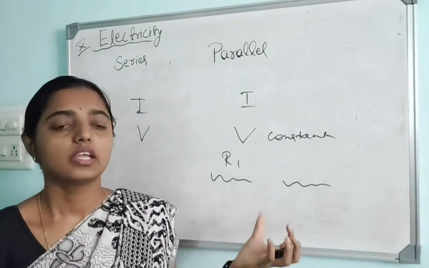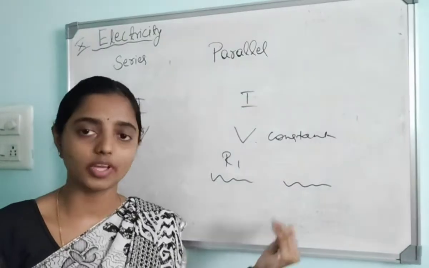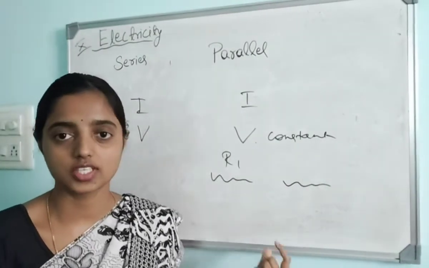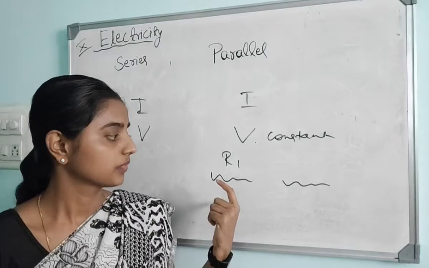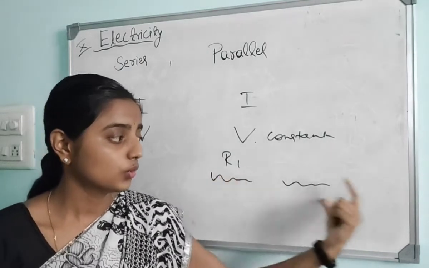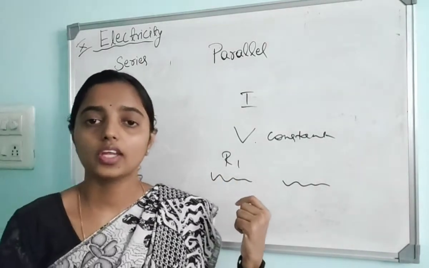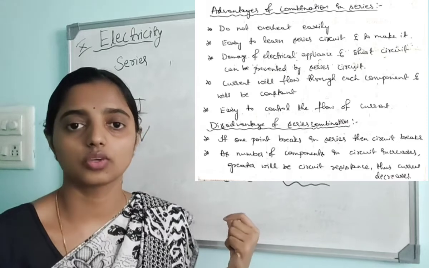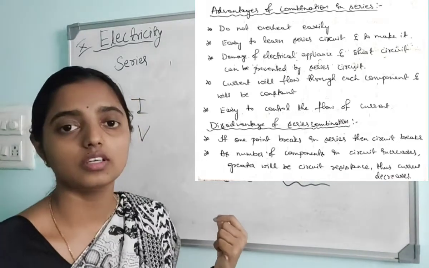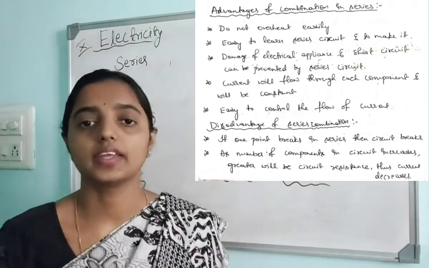So the heating of the device will be low when compared to parallel, and the connection is easy. And due to this technique we can avoid short circuit and damage to the electrical appliances.